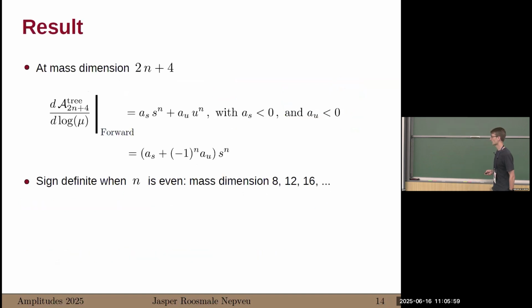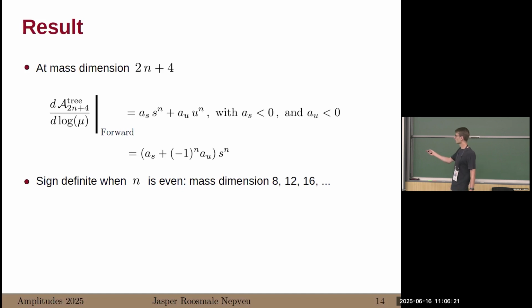Okay, so bringing those 3 different channels together, what we have found is exactly what I set out to find: in the forward limit, the scale dependence of the Wilson coefficients encoded in this tree-level amplitude is given by the sum over the terms from the different channels where these coefficients are negative.